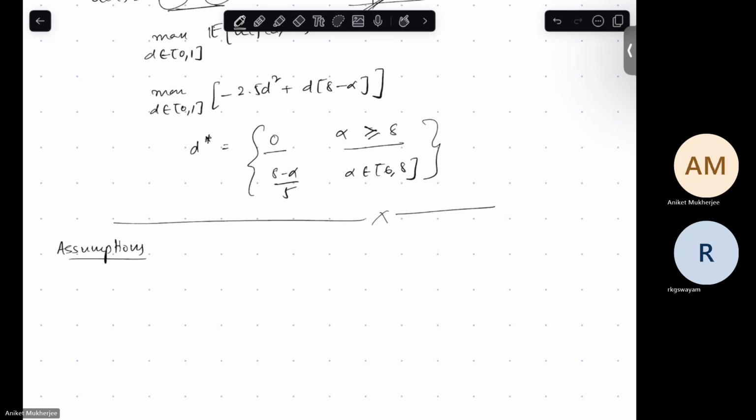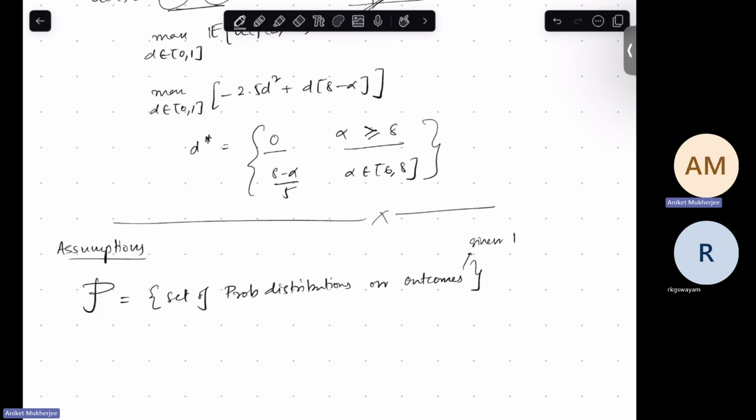So let P be my set of probability distributions on outcomes, given that you have taken a decision.